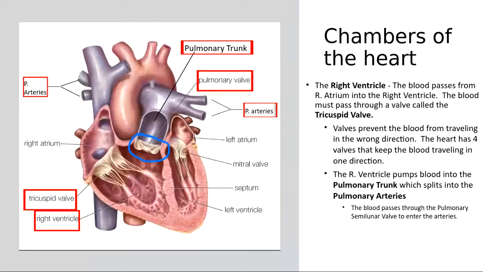So the blood enters the right atrium, into the right ventricle, and into the pulmonary trunk, which splits into the pulmonary arteries. And the pulmonary arteries will take blood to each of the lobes of the lungs. All right, so remember you have your right lung and your left lung.